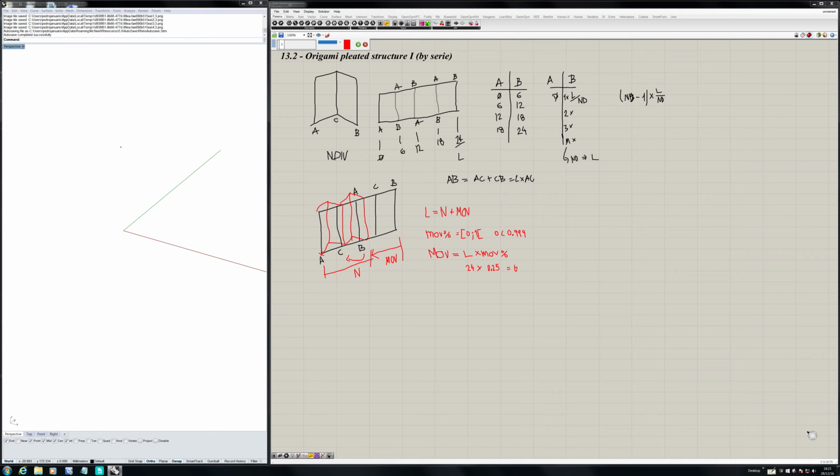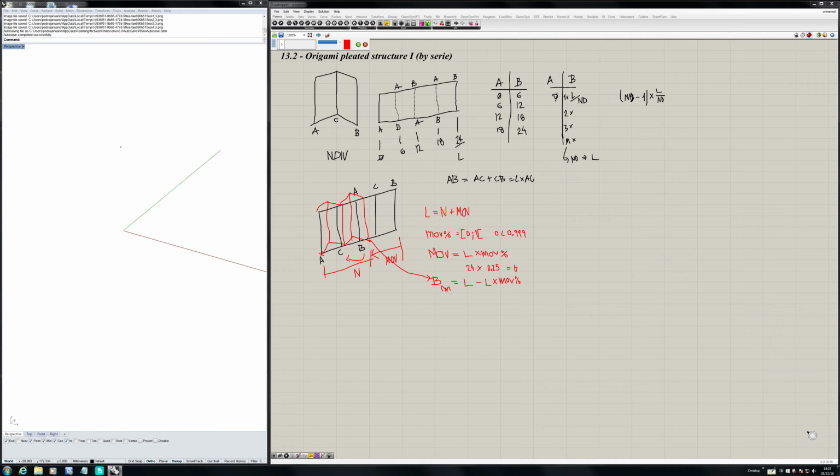So the position of B, this one, is no longer 24. Let me call it B moved. This one is going to be L minus L multiplied by move.